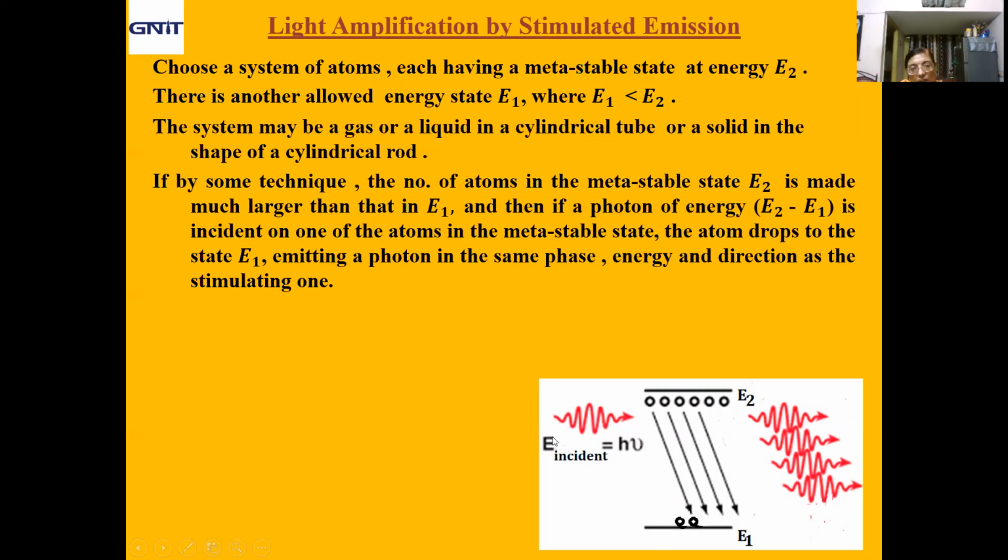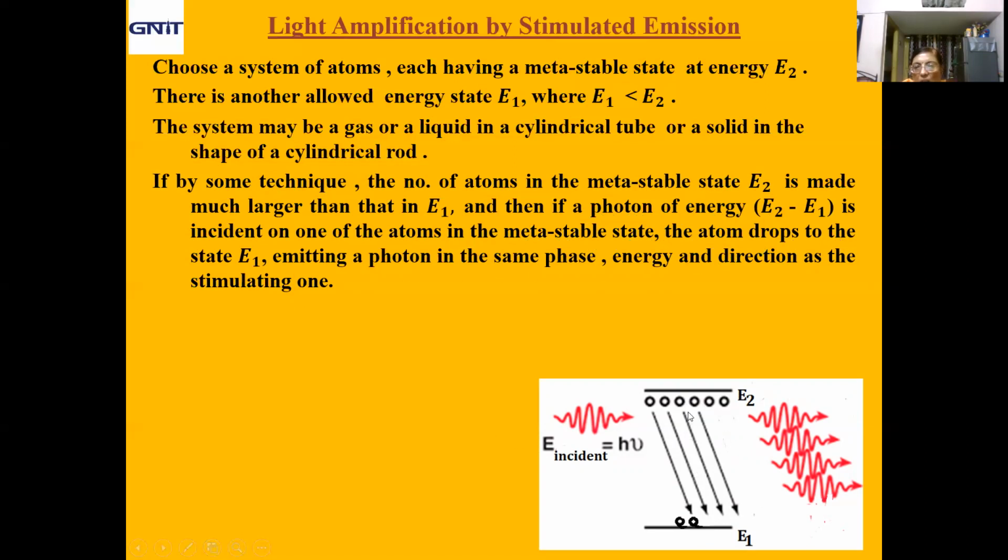You are injecting a photon with energy E2 minus E1, and since there are more atoms in the higher energy state than in the lower energy state, the probability of interaction with atoms in the higher energy state is much larger. So what is the net result? If a photon of energy E2 minus E1 is incident on one of the atoms in the metastable state, the atom drops to the state E1.